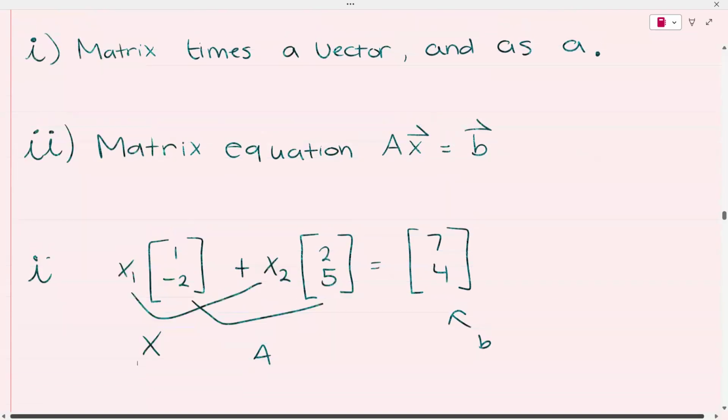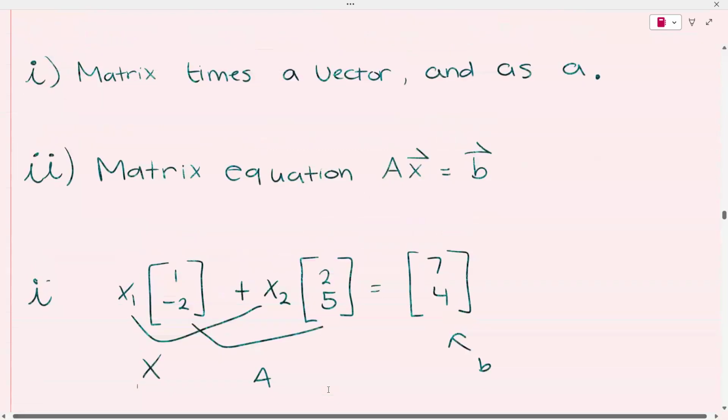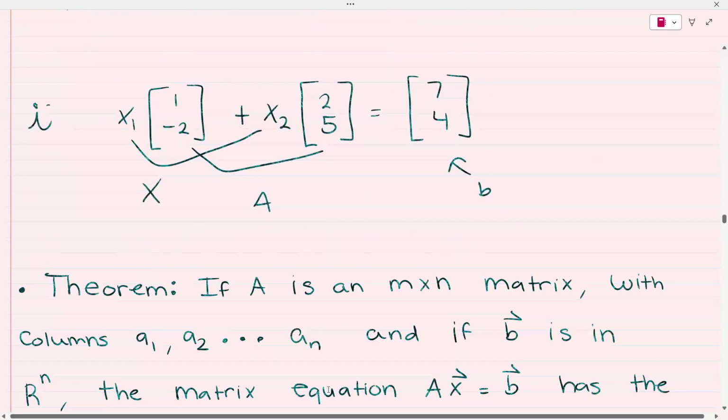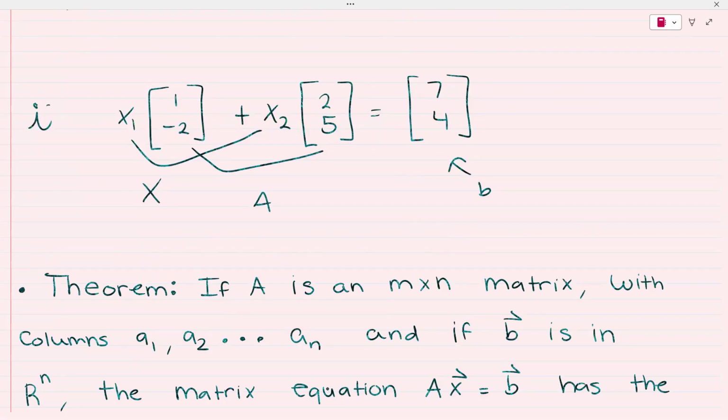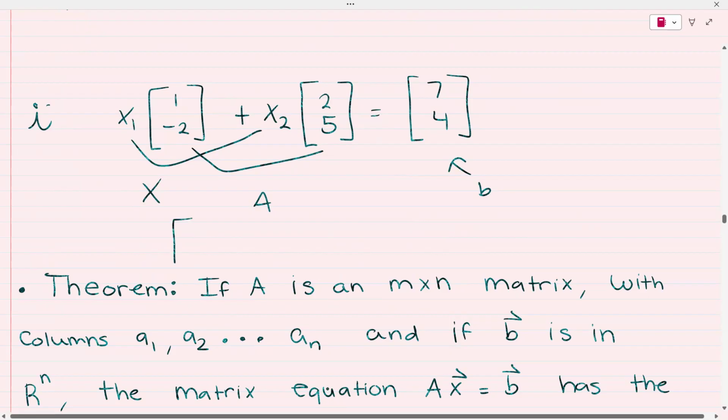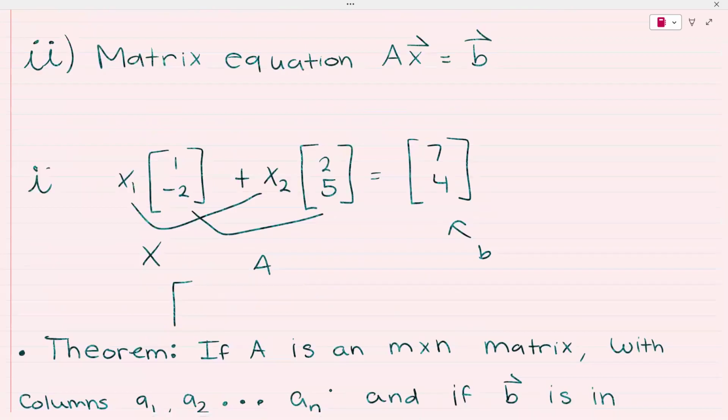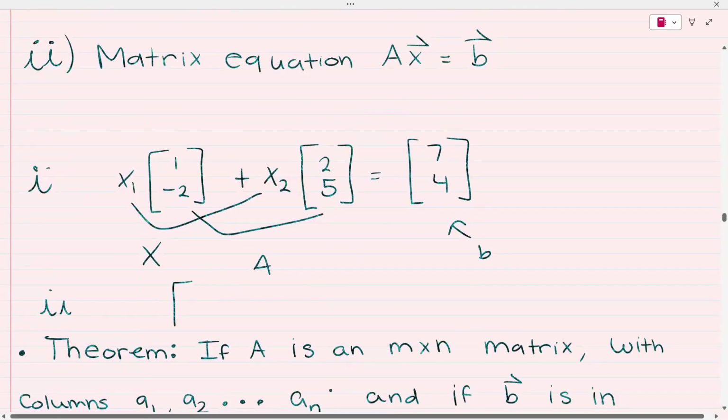Okay, so that was part A, and then part B says write the matrix equation A times X equals B. So basically, you're just going to write it out as, for part two, the matrix [1, 2; -2, 5] times (x1, x2) equals (7, 4).